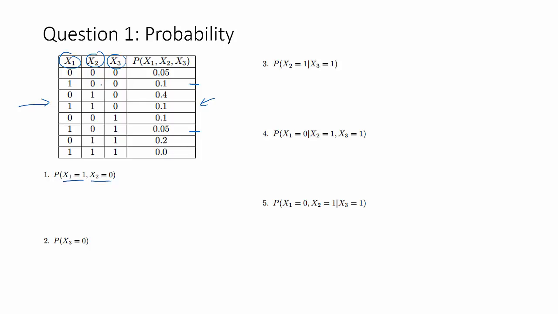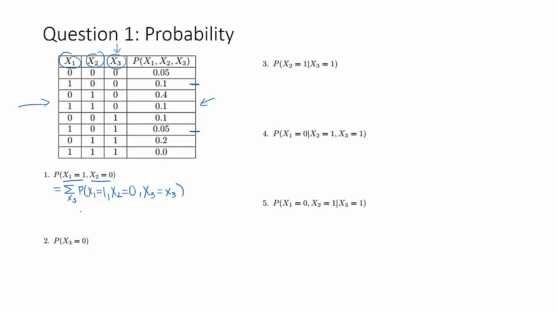But notice that this sum is just over the possible assignments of the unwanted variable, which in this case is just x3, and so we can rewrite this expression as the summation over x3 of the probability that x1 equals 1, x2 equals 0, and x3 equals little x3.